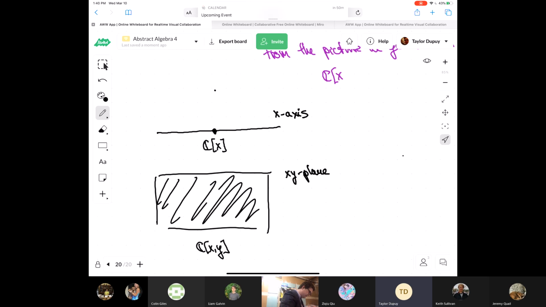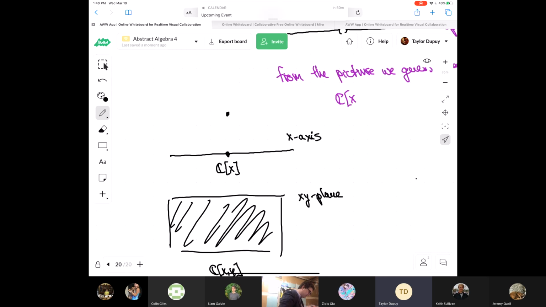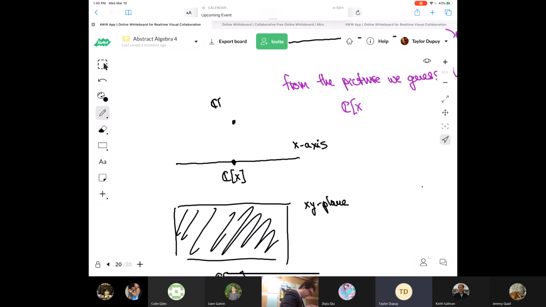So the origin, this point in here, corresponds to C[x,y] mod x, or to the maximal ideal (x) in C[x]. It's a maximal ideal because the quotient is a field.